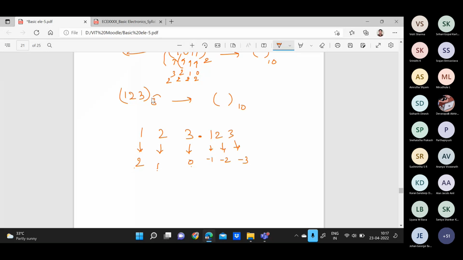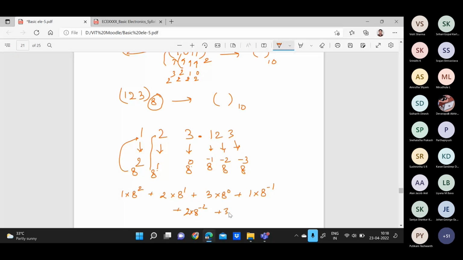Now, as this is in base 8, you need to write down 8 raised to power each of these place values. Then you start multiplying each number with its subsequent power, like 1 multiplied by 8 raised to power 2, plus 2 into 8 raised to power 1, plus 3 into 8 raised to power 0, plus 1 into 8 raised to power -1, plus 2 into 8 raised to power -2, plus 3 into 8 raised to power -3. Now you tell me the answer.